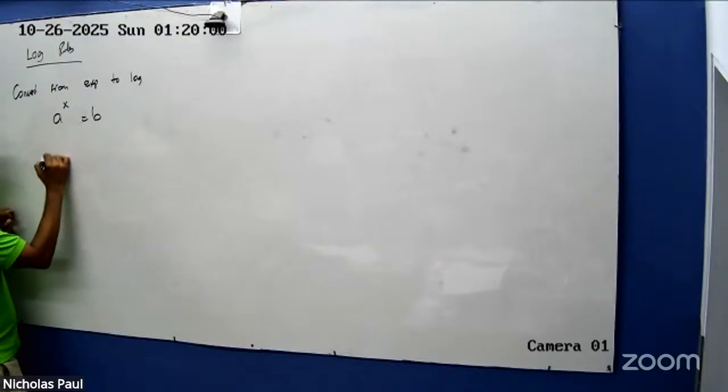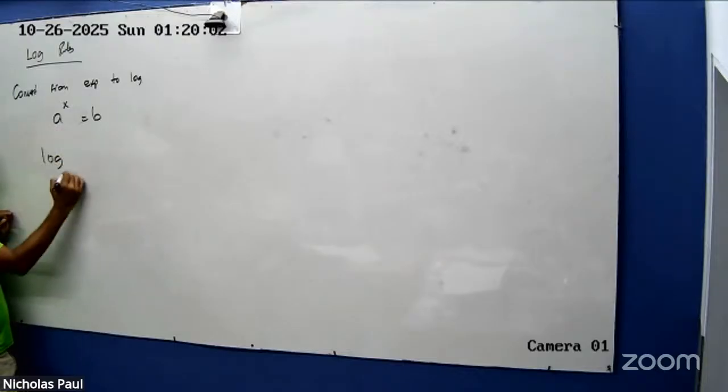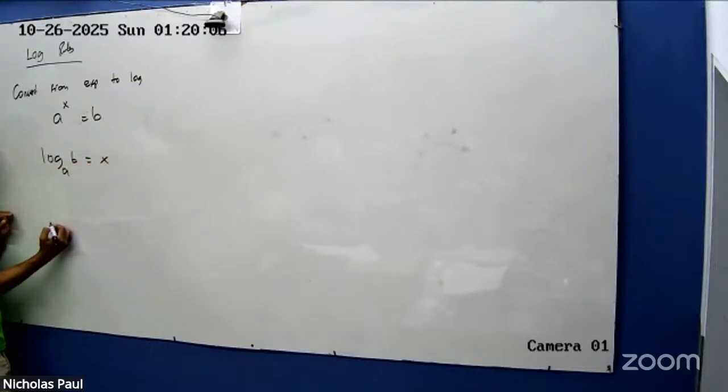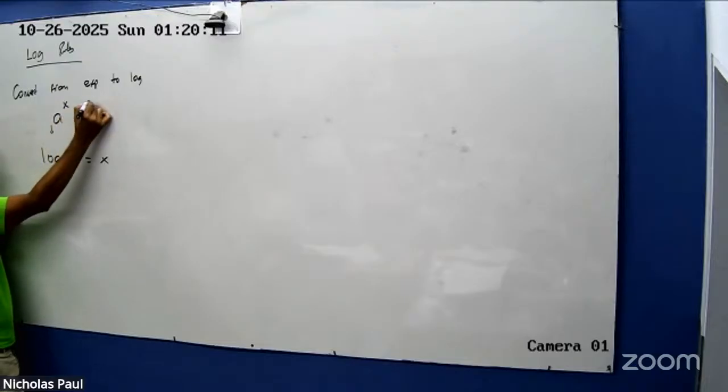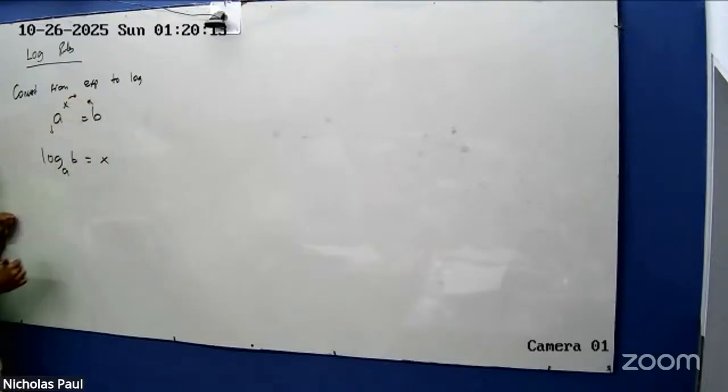It'll be log to the base a of b is equal to x. So you bring down the a, carry across the b, carry across the x. Everybody okay with that?